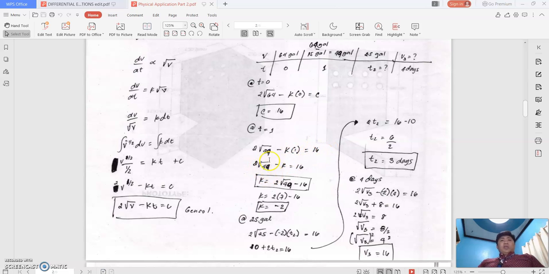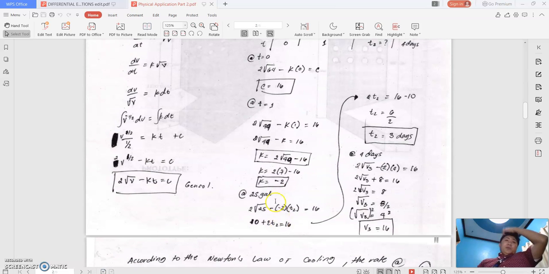So, 2 times the square root of 49 minus K equals 16. The square root of 49 equals 7. Times 2, that is 14, minus 16, that is negative 2. So, after that, we already get our constant C and our proportionality constant K.